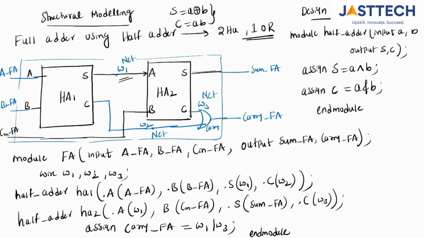So like this, you need to instantiate. First you need to write the code for the half adder, and then instantiate it two times. That is connection by name. Connection by position, you need to follow that.